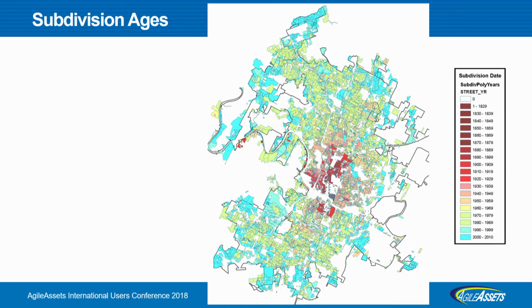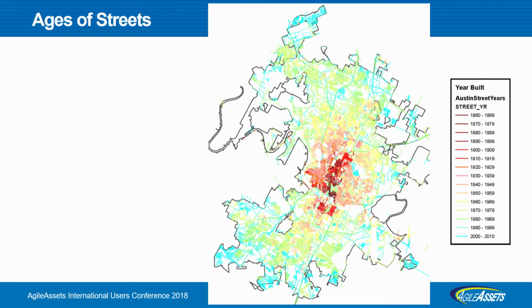Here are the ages of the subdivisions. Not surprisingly, the core of Austin is the old sections that were built first, and then the outlying areas, as urban sprawl hit us, are the newer subdivisions. Using our best records on as many of the subdivisions as we had, we were able to pin down fairly good ages on most of the streets from probably the 50s on, and anything before that is just a best guess.